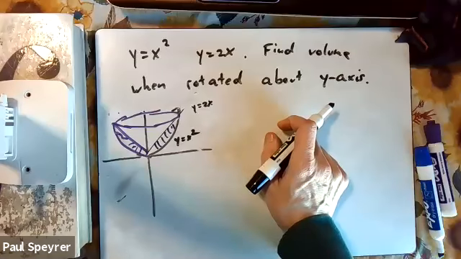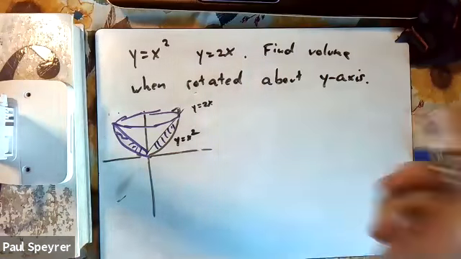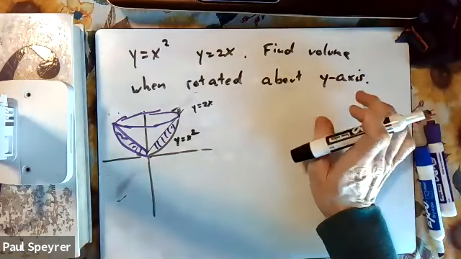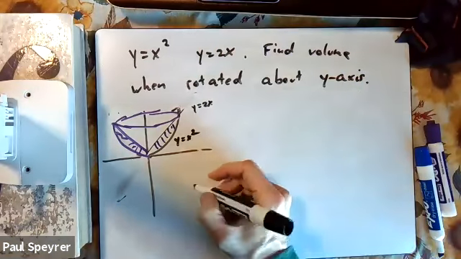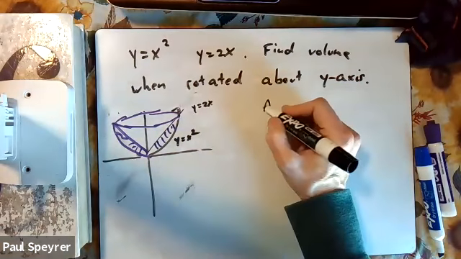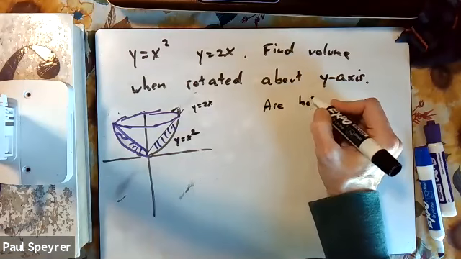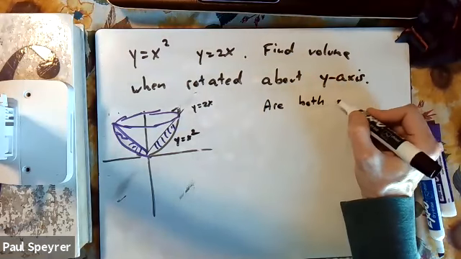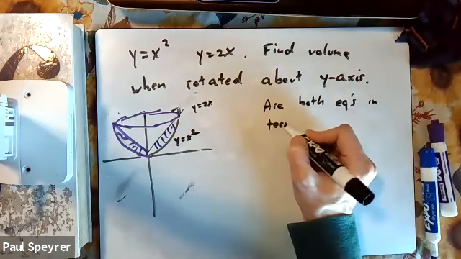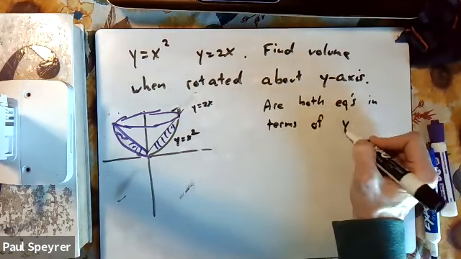Now, of course, we got to find the limits, right? All that stuff. But because this is about the y-axis, everything has to be in terms of y. Are both equations in terms of y?